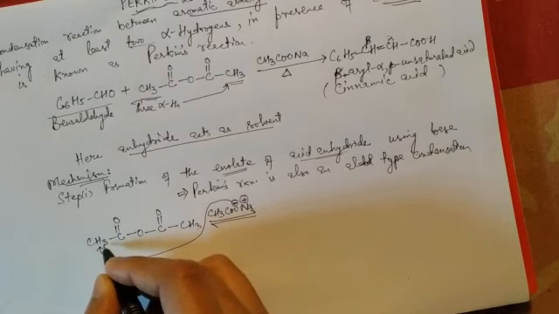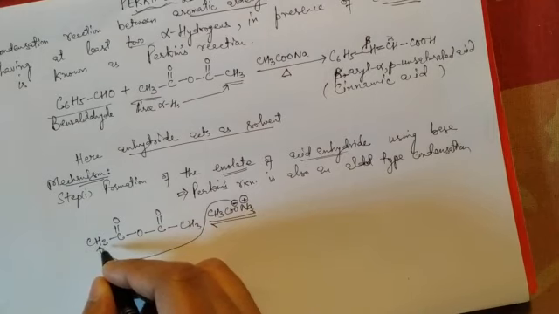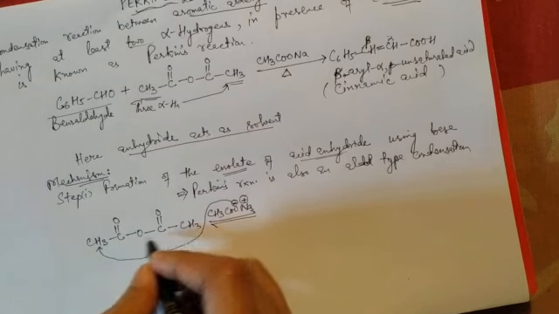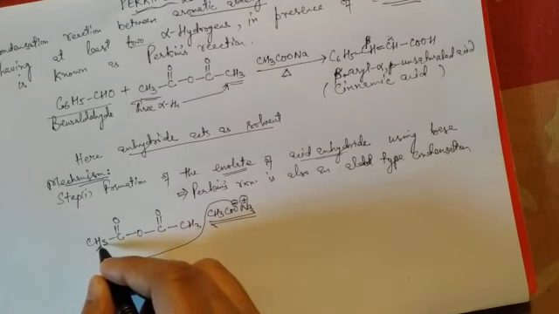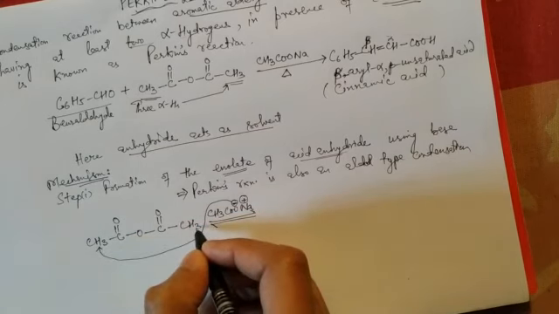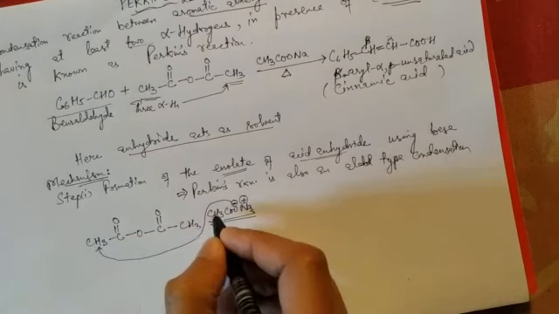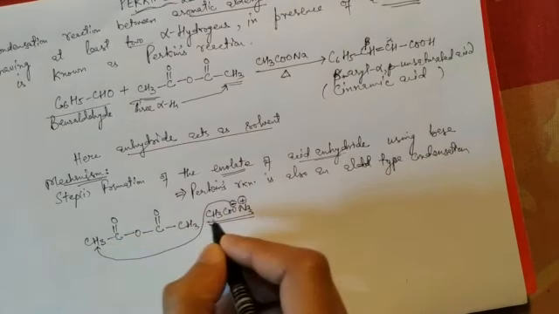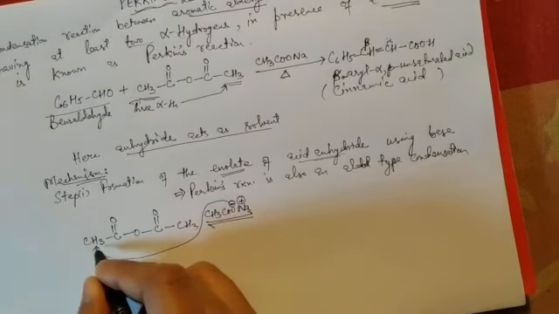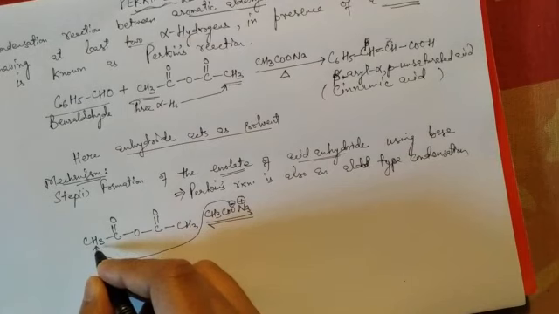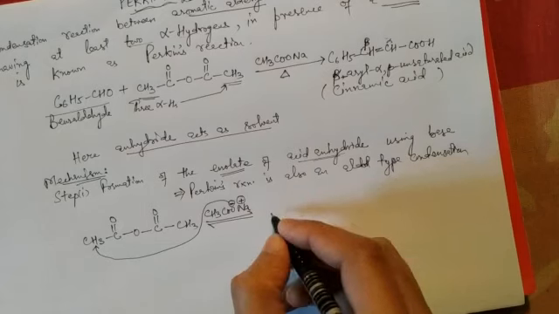There must be at least 2, rather we are having 3, that's okay. So one of these 3 hydrogens, there is equal probability. For our convenience we are showing that the base is abstracting this alpha hydrogen. So we are getting enolate as shown here.